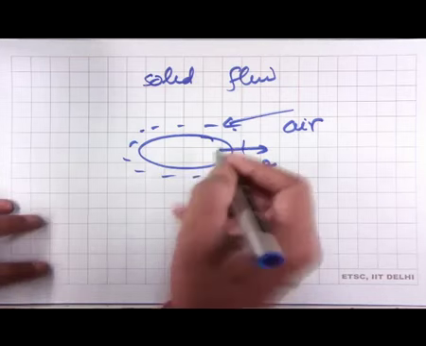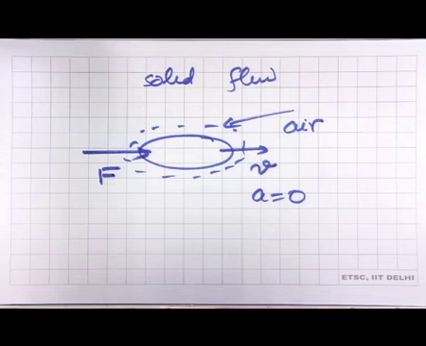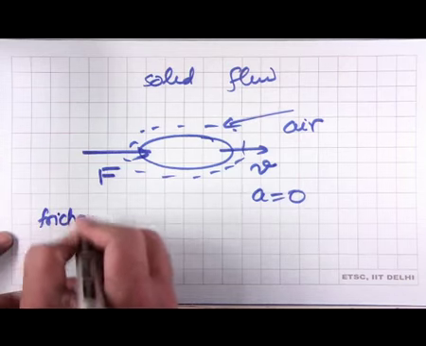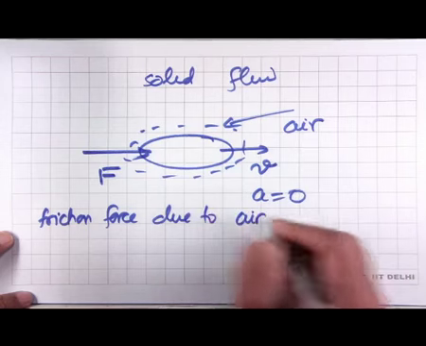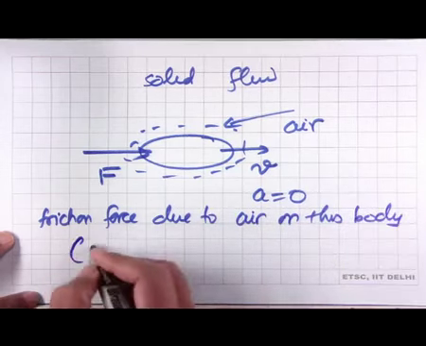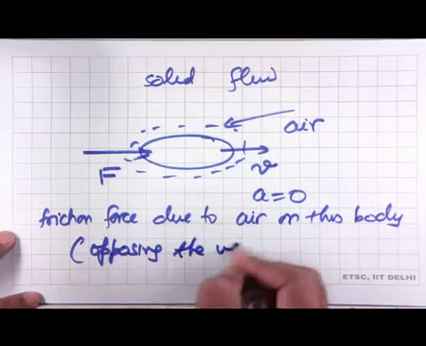Let us say a force F is being applied on this body so that it is moving at a constant speed. The friction force due to air on this body is a force which is opposing the velocity v.